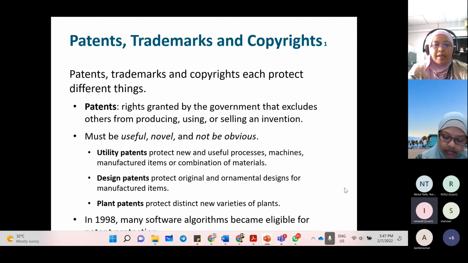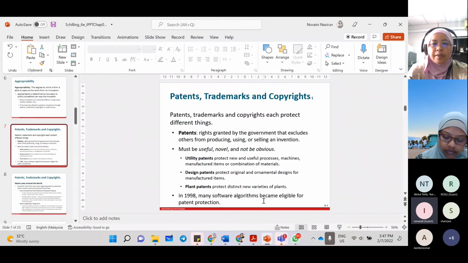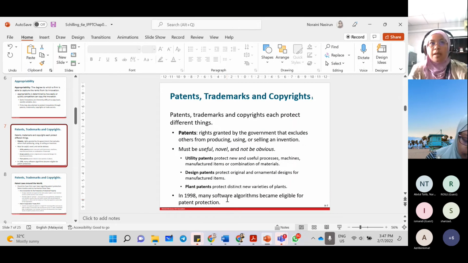In 1998, many software algorithms became eligible for patent protection. So software now started to have some protection, but we must remember that in the world there are a few countries that don't sign for innovation protection.